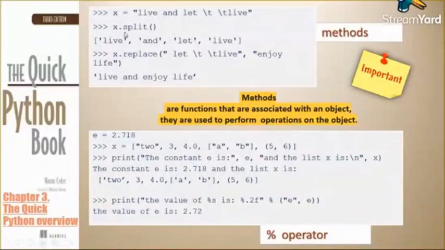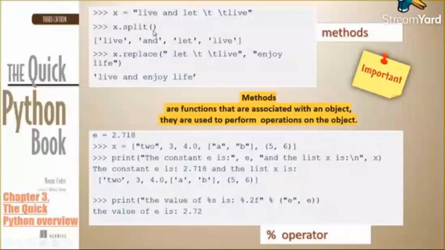x.split is a method that works on the string, and it splits by a space, empty space, and returns a list of the words.